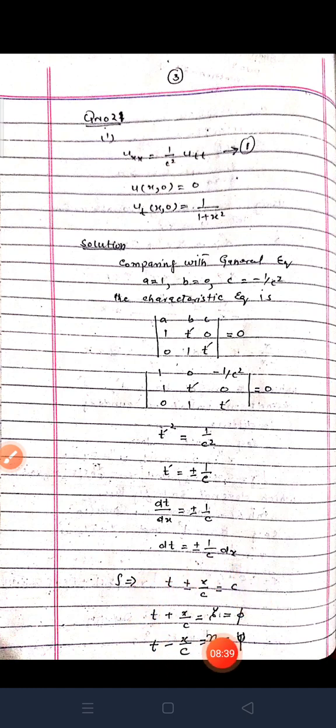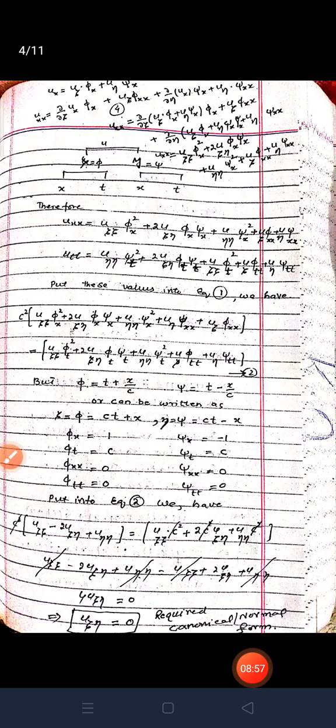Now we are deciding our functions zeta and eta. We are taking zeta with respect to addition and eta with respect to subtraction. We consider zeta is equal to phi and eta is equal to psi. Now we know that our uxx and utt are these values.